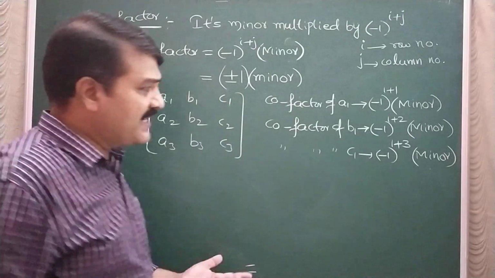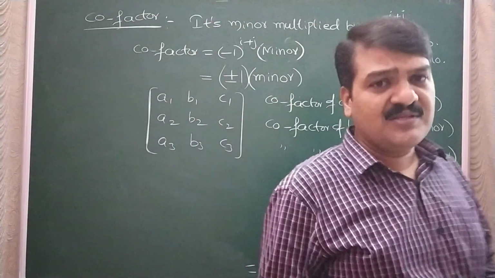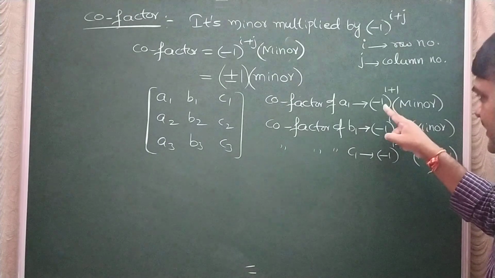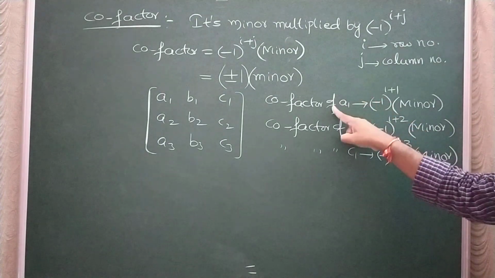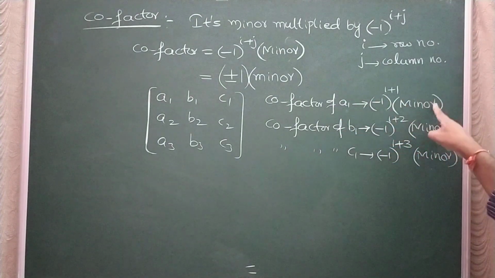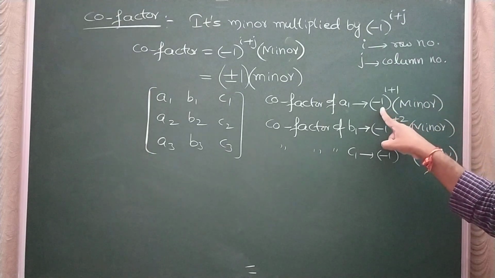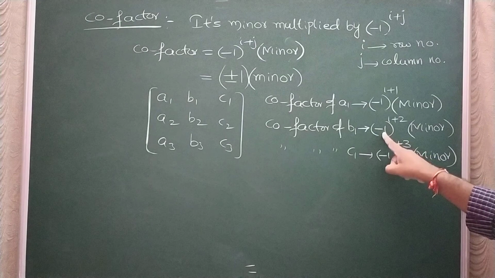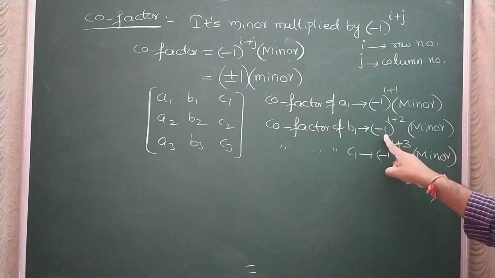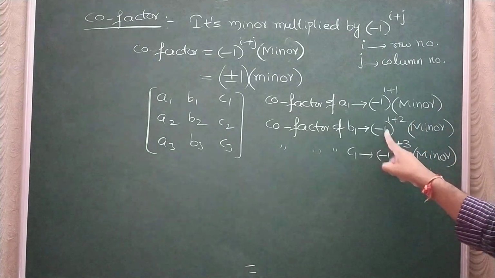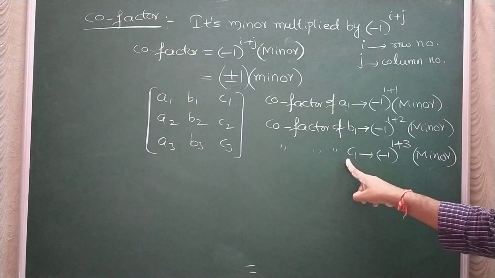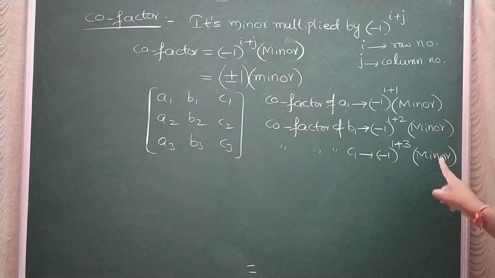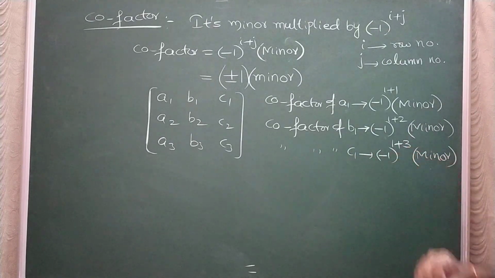So instead of writing the formula like this, you can just see the signs here. For A1 you are getting cofactor is equal to minor because this is plus 1. For B1 you are getting cofactor is equal to minus minor because here you are getting minus 1. For C1 it is cofactor is equal to minor only because it is plus 1.